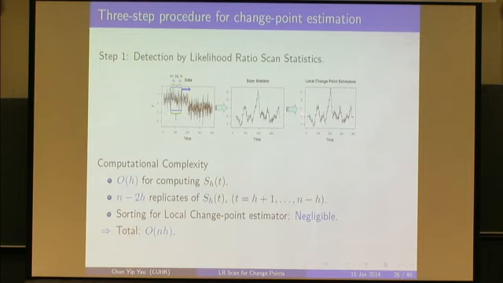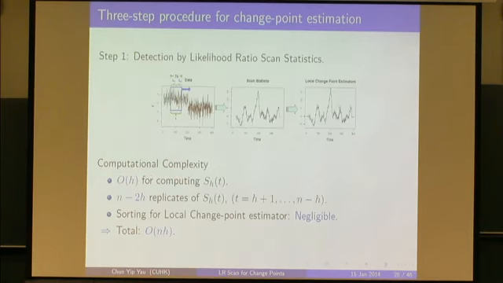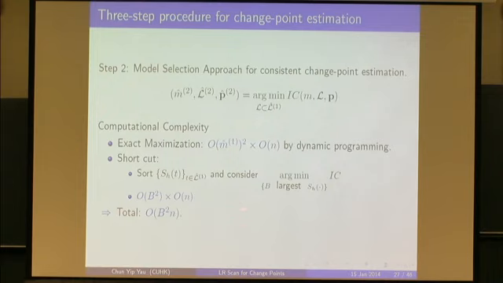Sometimes you may make mistakes, but the model selection approach has the advantage that you can take those out, and it will give you consistent results anyway. So what we can simplify is that we sort this scan statistic and take the b greatest values. Let's say I assume my time series has at most 20 change points, so I take b equal to 20, and then it is bounded by 20 squared, so it's fast.